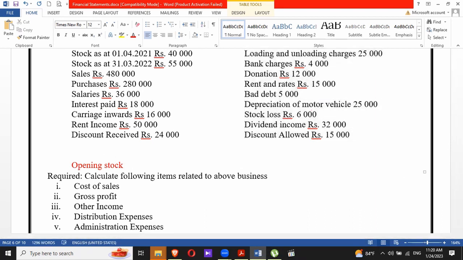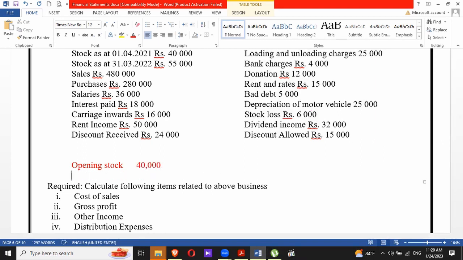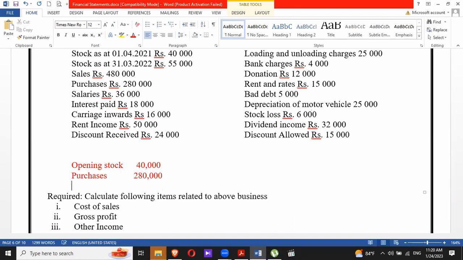Opening stock, rupees 40,000. Purchases rupees 280,000, plus purchase related expenses, carriage inwards and loading and unloading charges. Carriage inwards 16,000.